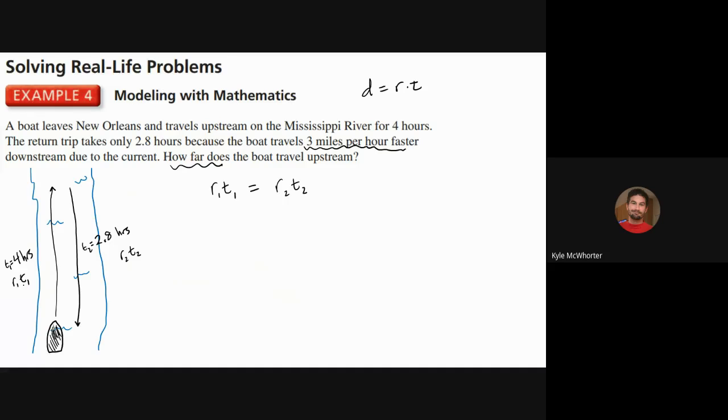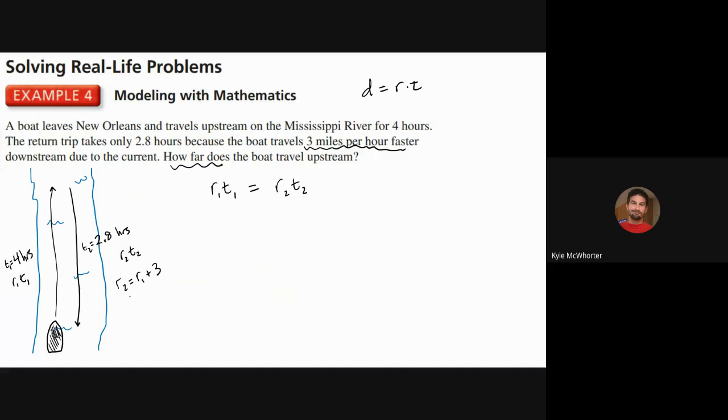I know that however fast he was going on the way there, he was going 3 miles an hour faster on the way back. So the rate on the way back, R2, is 3 more than his rate on the way there. So R2 is equal to R1 plus 3 miles an hour. Whatever rate 1 was, add 3 miles an hour to it, and that's your rate coming home.